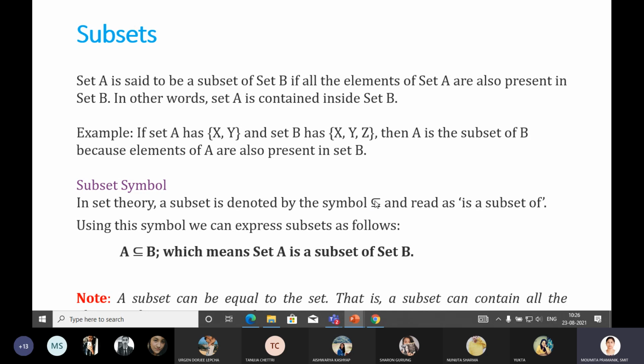Using this symbol we can express it as A is a subset of B, which means that set A is a subset of set B. At the maximum, set A can have all the elements of set B also. So a subset can be equal to the set, containing all the elements of the other set B.